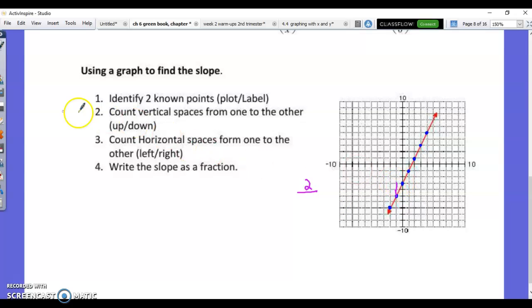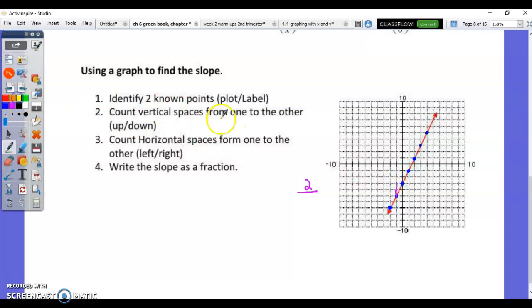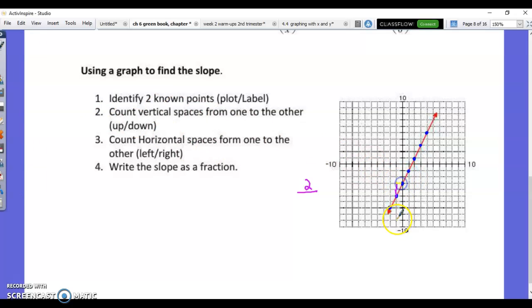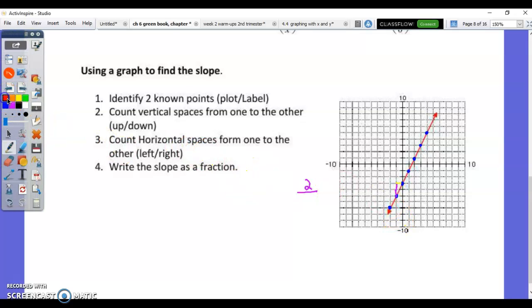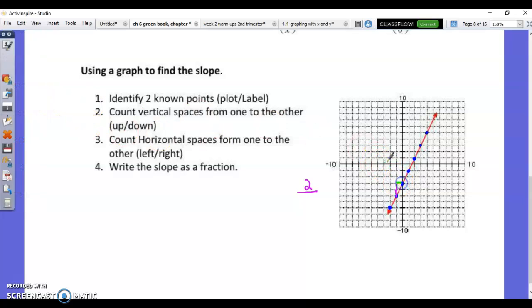And then to get over to that blue dot, I go to the right 1 space. So on the bottom, I went over 1 space, so my bottom number would be 1. So my slope for this line would be 2 over 1, or you could just say 2 in this particular case.